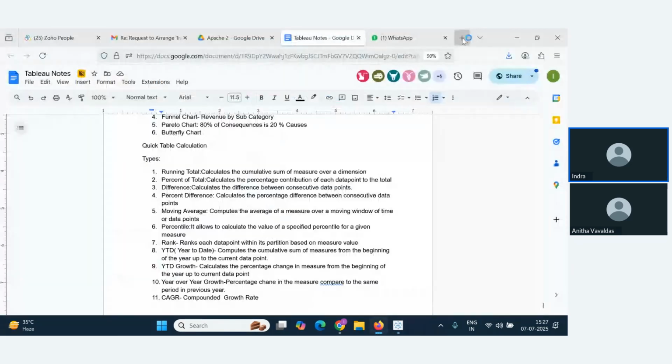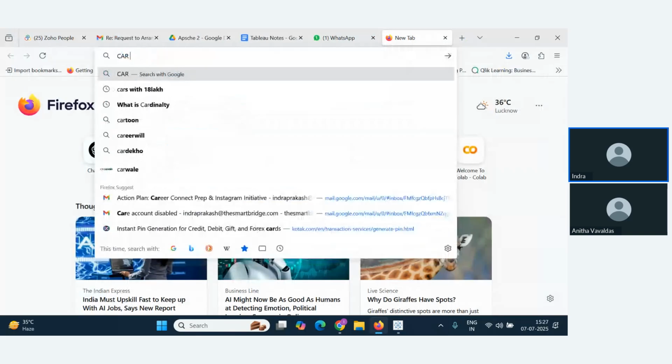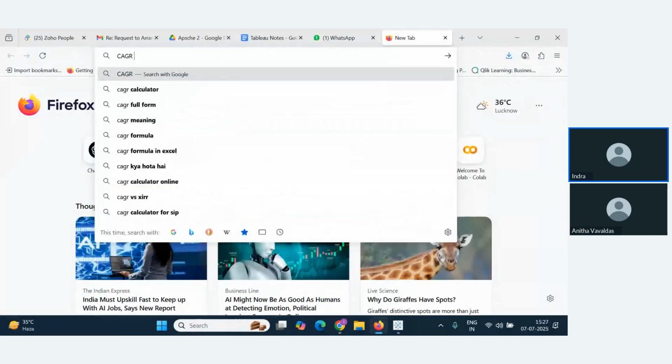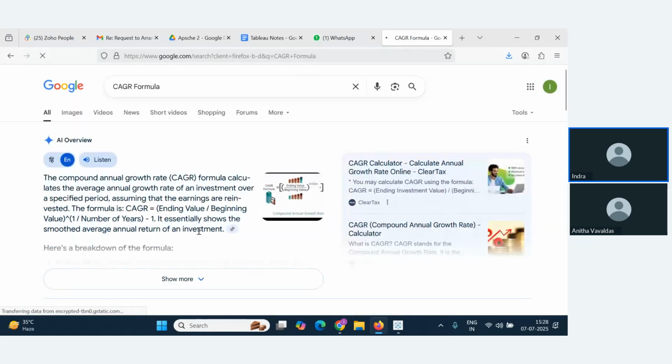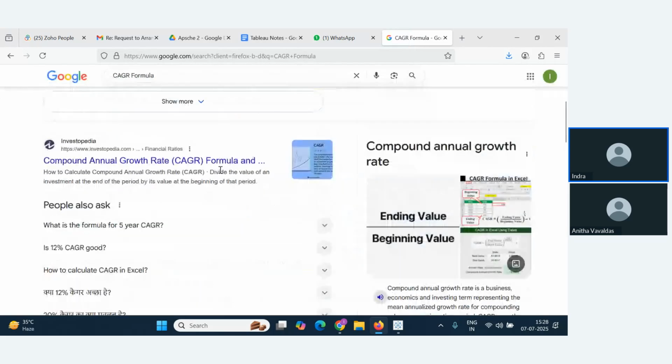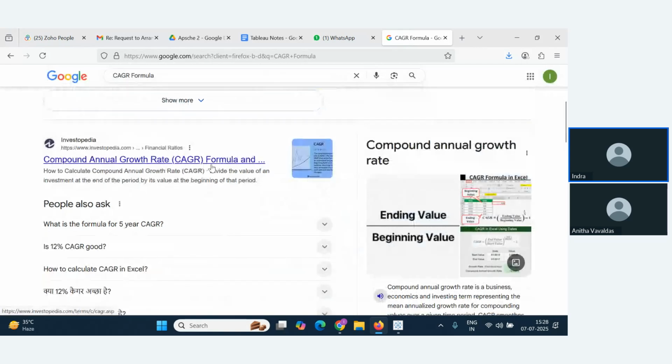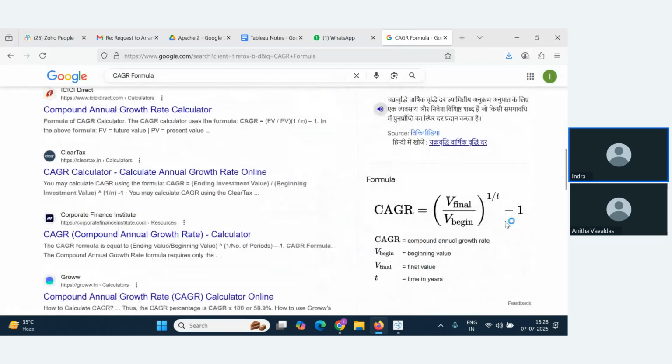CAGR formula, let's see. Yeah. This is the formula for CAGR. Okay, you can just expand this article and you can get it from here.